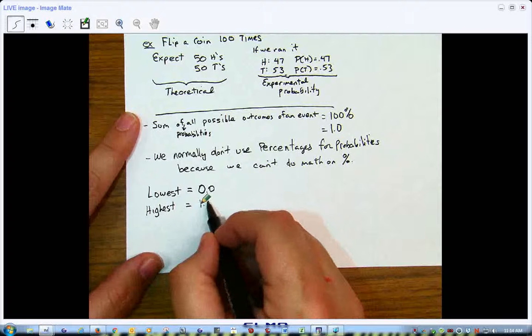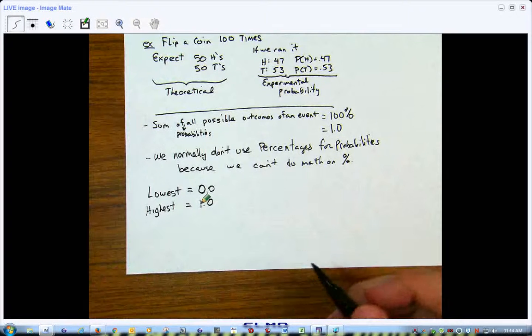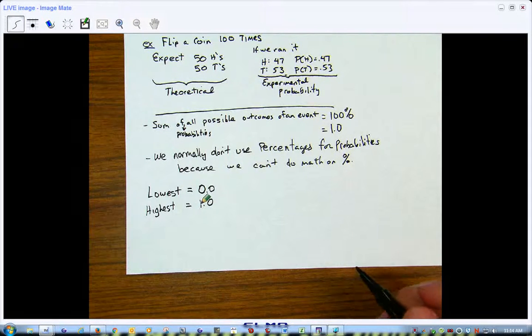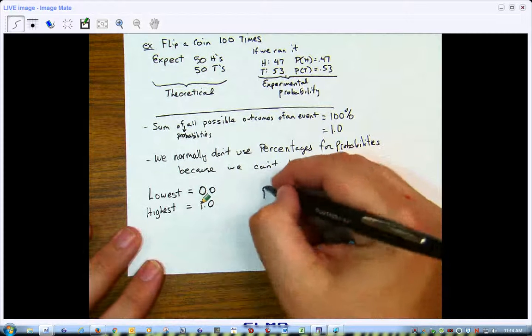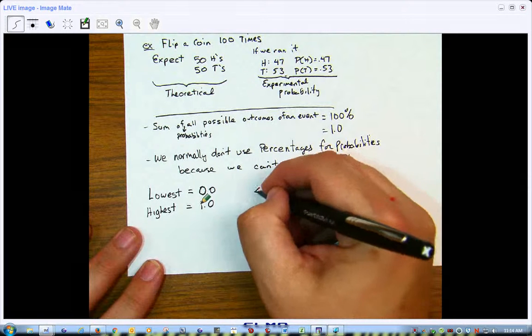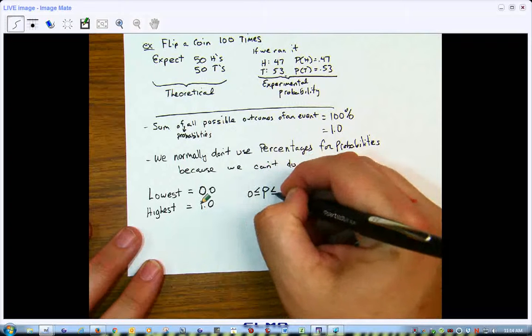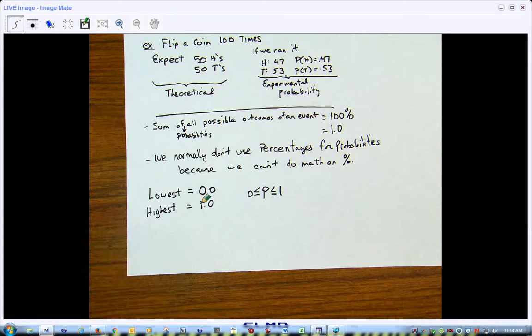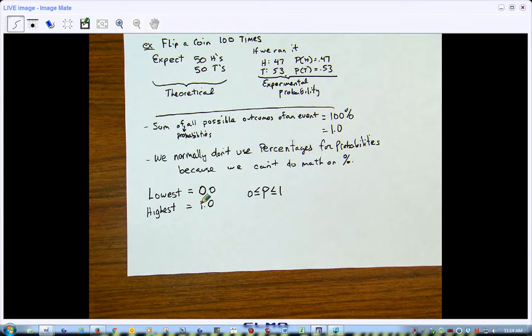So if we're dealing with probability, we're always going to be dealing with numbers between 0 and 1. So the probability of an event is always going to be between 0 and 1. It could be equal to 0, it could be equal to 1, but it's going to be somewhere there. It doesn't make too much sense to have a negative probability.